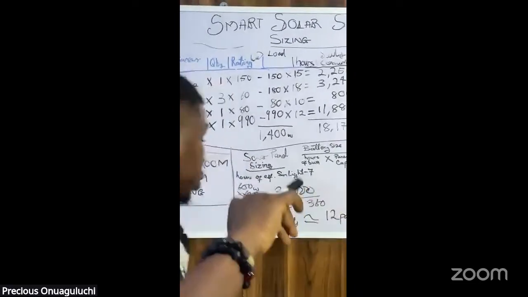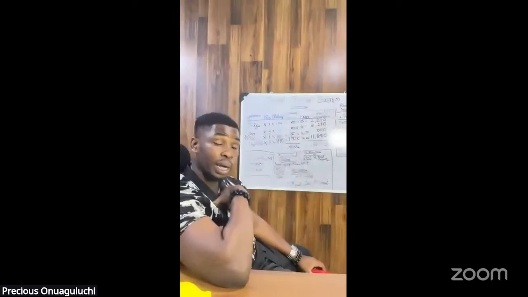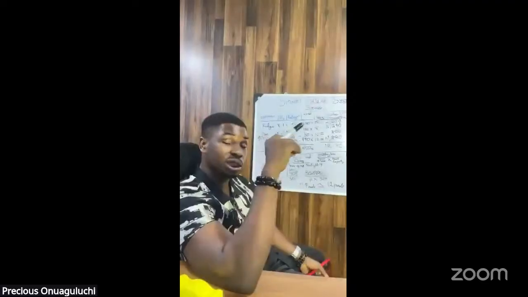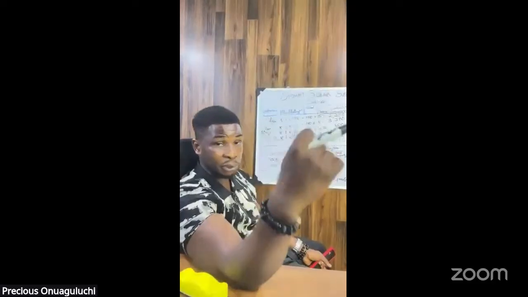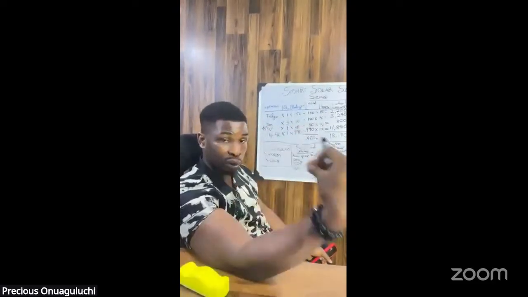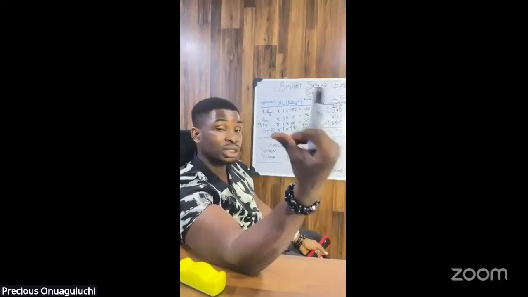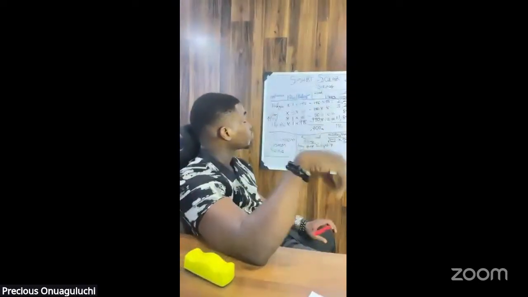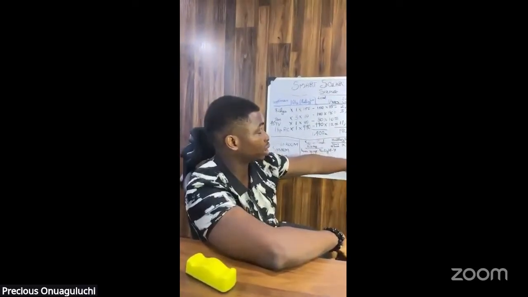I explained that everybody can do what they want in their calculation, but in my calculation, which has proved to work for me severally, I work with 60% of whichever panel size I want to use. That guarantees me that every day I'll expect the same return. On a day there's a lot of sunlight, I can get more. On a day that is rainy, I will get less, but I can bank on getting 60%. So using that 60%, I've calculated that what I need to charge the 30 kilowatt battery is 12 panels.